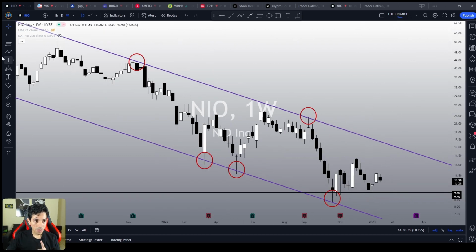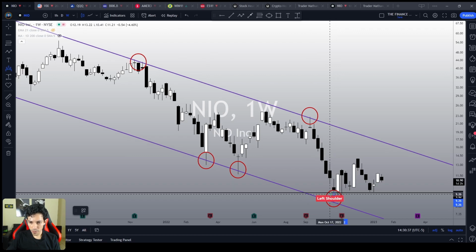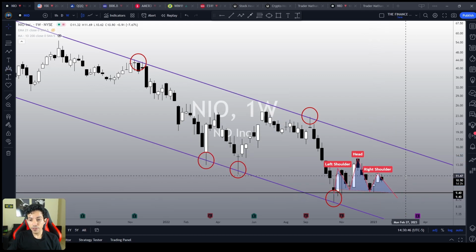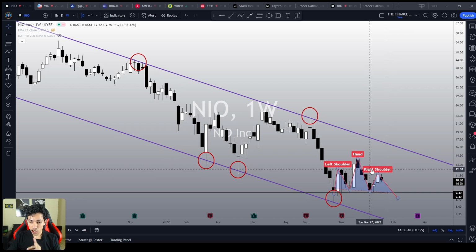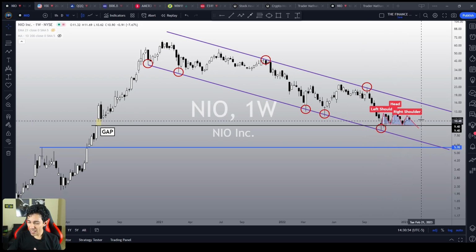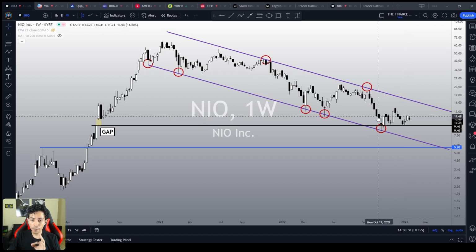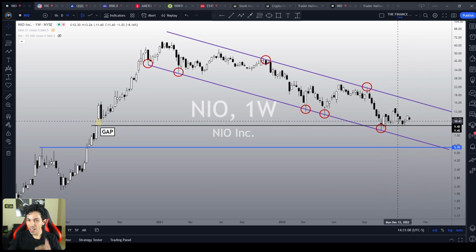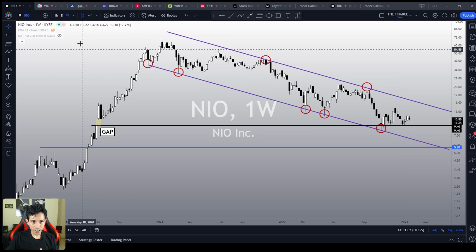The main problem is that in the weekly chart, we are doing a classic head and shoulders chart pattern over here. If NIO triggers this head and shoulders chart pattern, then the sell-off will persist because this is a quite problematic, quite powerful bearish indicator. The trigger point of this head and shoulders chart pattern is $10.40.